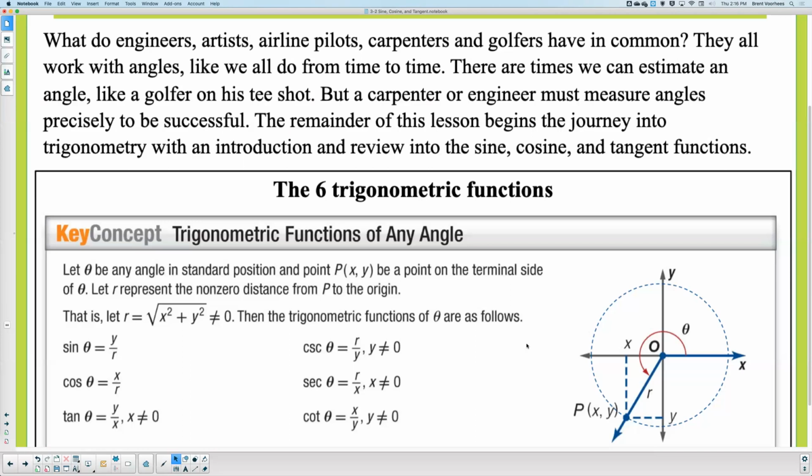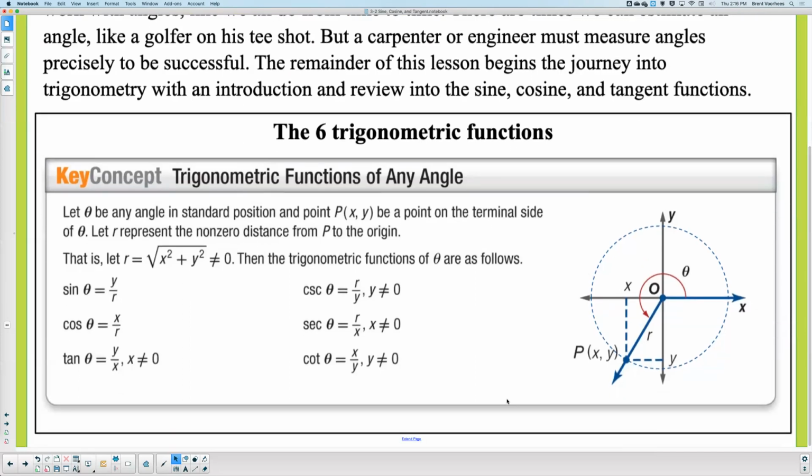Now, here's the deal. Most of the stuff we work on in my class is going to be on what's called a unit circle. That means a circle that has a radius of 1 unit. So watch what happens mathematically. I'll write unit circle up above it. If it's a unit circle, the radius is how much length? 1 unit. I'll put 1 unit there so you see why it's called a unit circle.